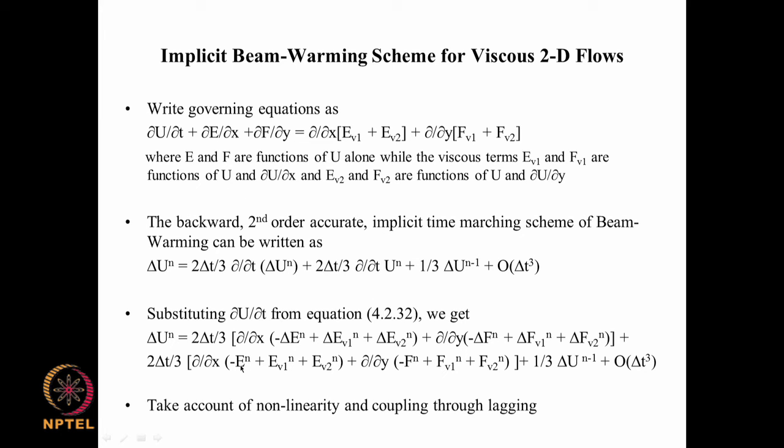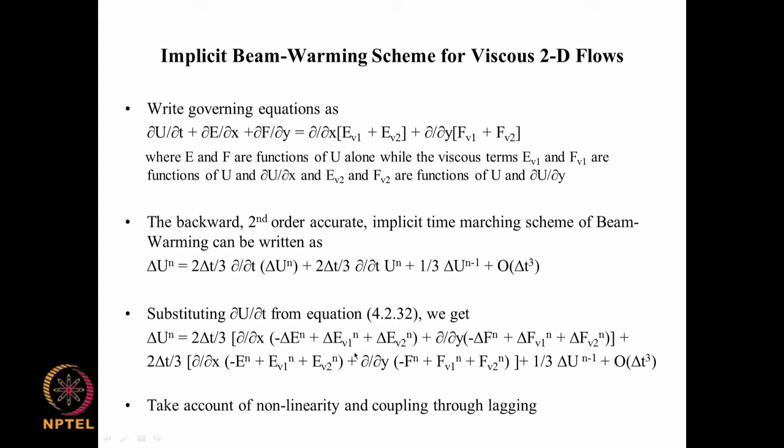So you have minus E n plus EV1 plus EV2 at nth time step, and then you have 1/3 of delta u n minus 1. So this is one form of the implicit Beam-Warming scheme with the viscous terms.